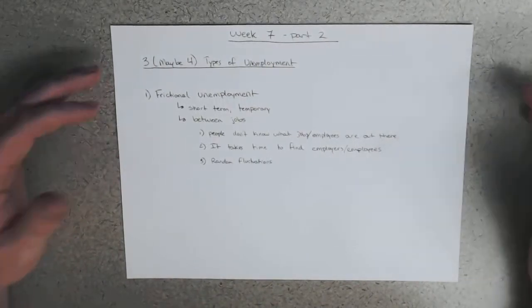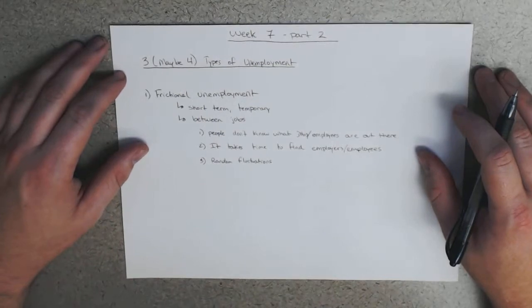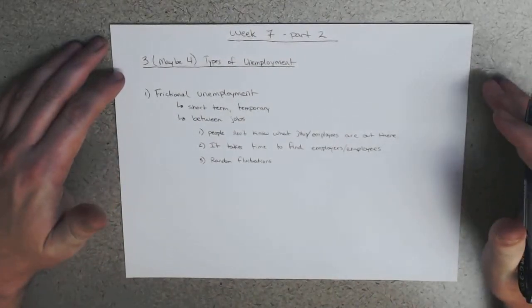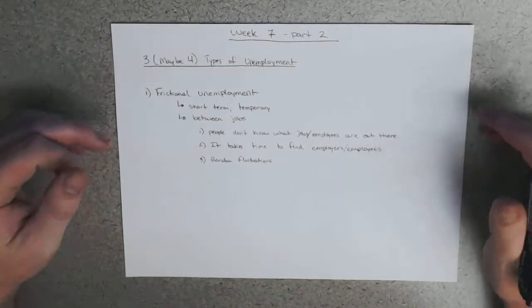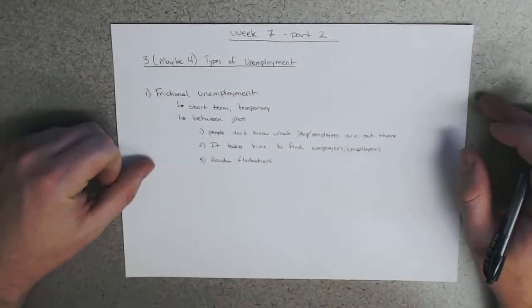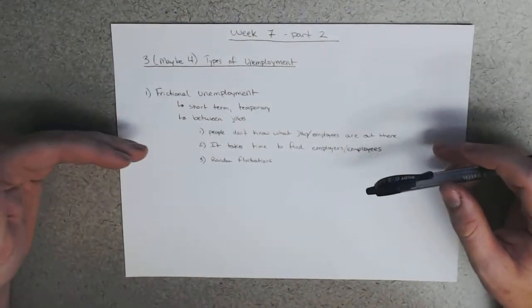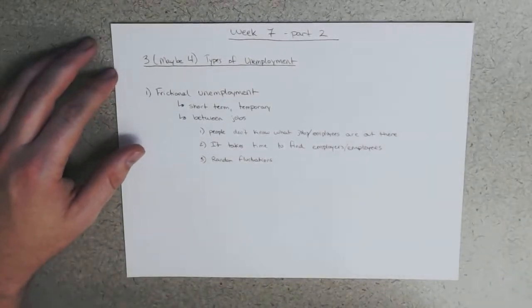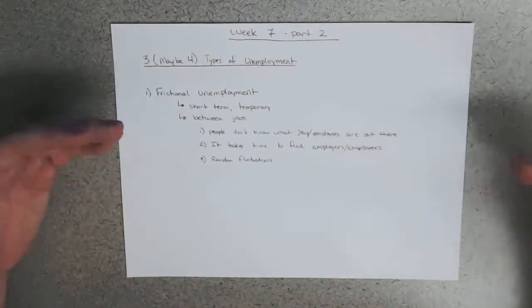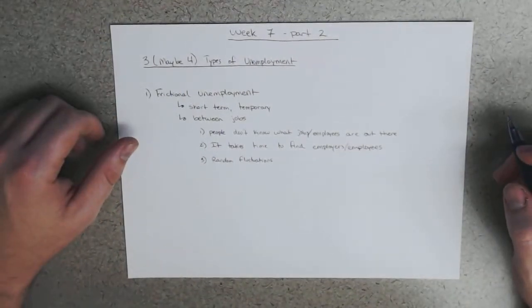Maybe a family has a child, and one of the parents decides to stay home. Well, that would cause frictional unemployment, not because that person stays home, since they would be exiting the labor force, but because there'd be a job opening that isn't filled. So there's lots going on in frictional unemployment, but the basic idea is that it's short term and temporary.